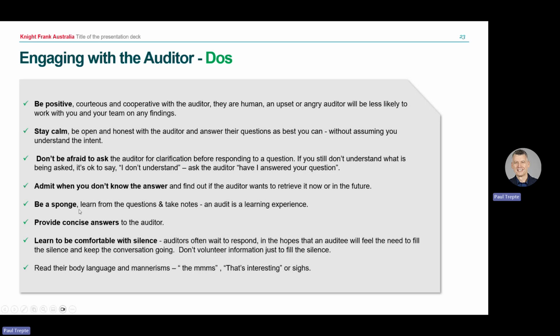Be a sponge, learn from the questions and take notes. Auditing or being audited is always a good learning experience, so it's useful to see what sort of questions the auditor asks. And again, this is why we have audit guides. Quite often in an audit, I'll identify things that the auditor hasn't picked up on.